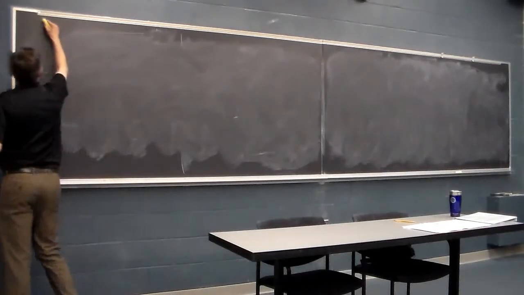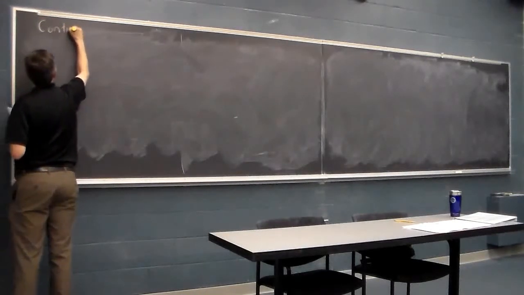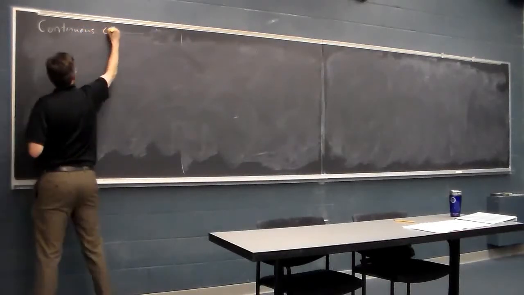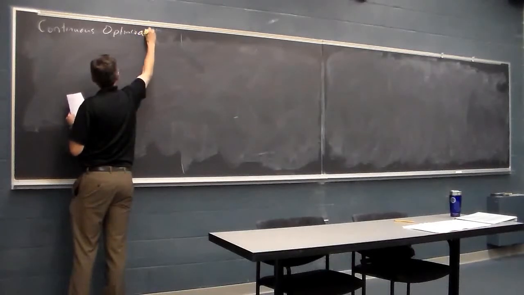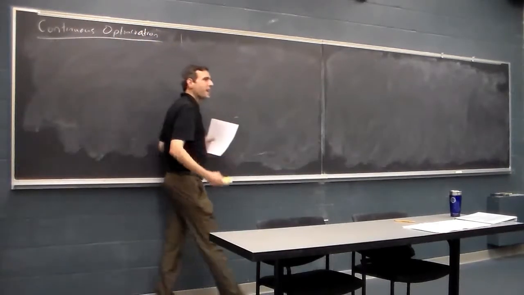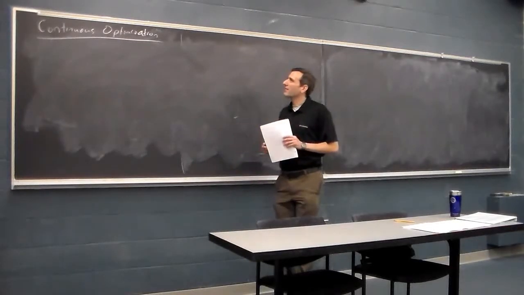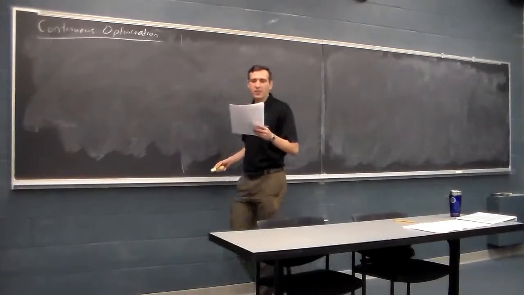So we're moving on with the topic of optimization, in particular continuous optimization. What I want to talk about today is what I describe as general continuous optimization or unconstrained optimization.